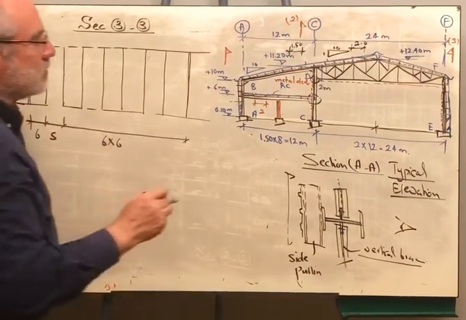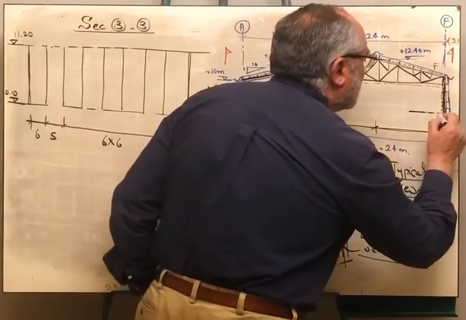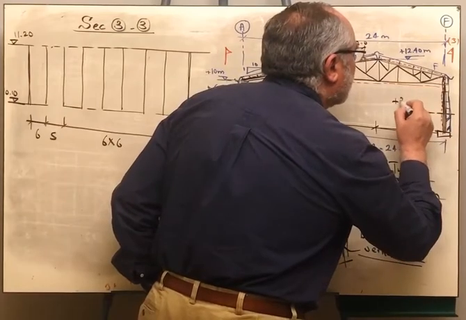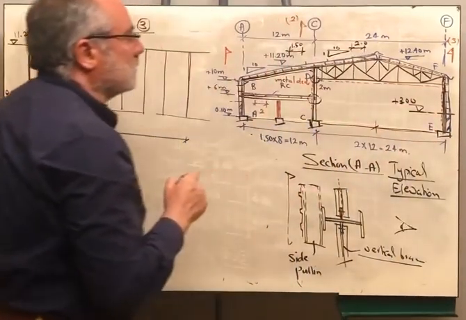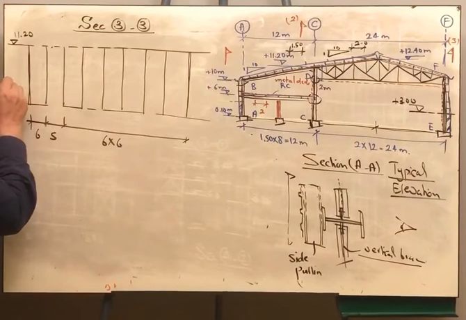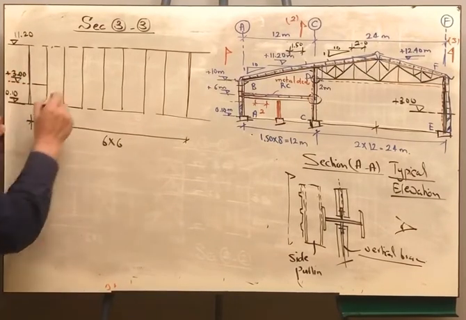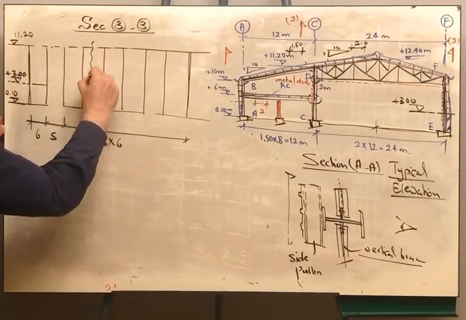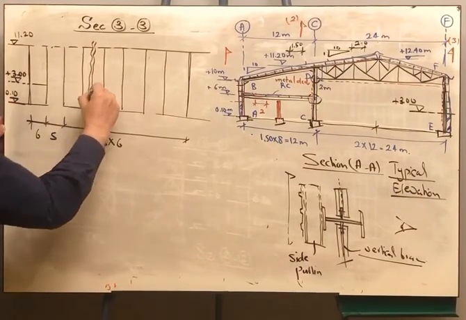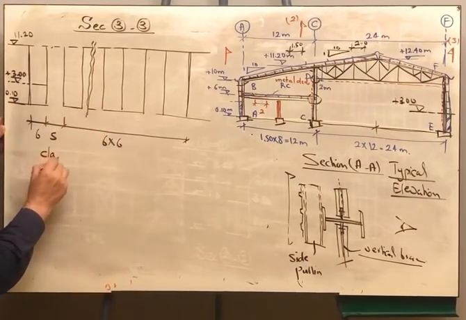And we are having the level of the brick wall at level 3 meters. So we are having here up to this level plus 3 meters. Up till this point, I am going to show the cladding.